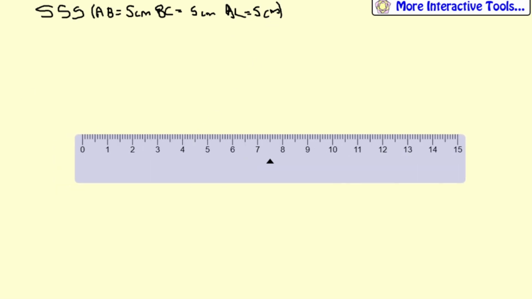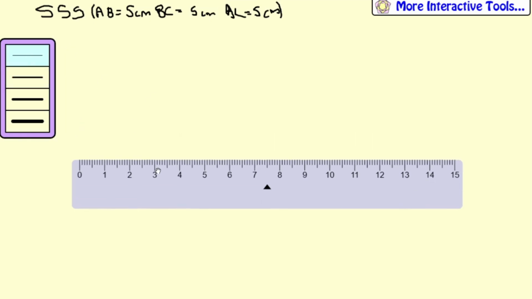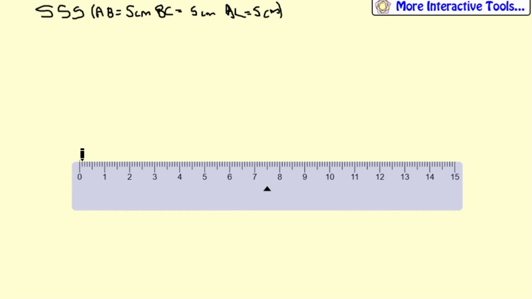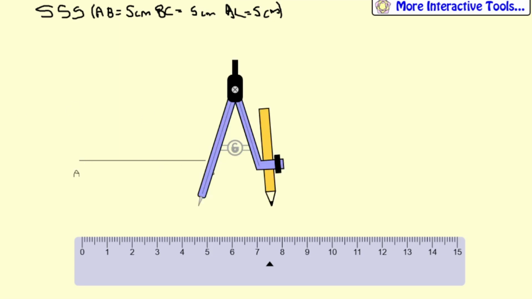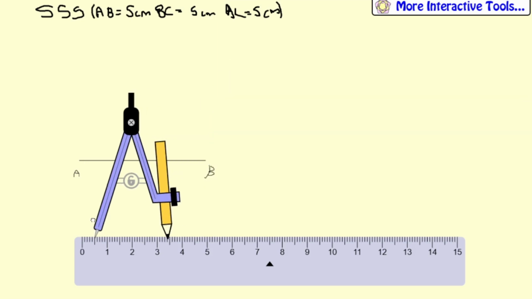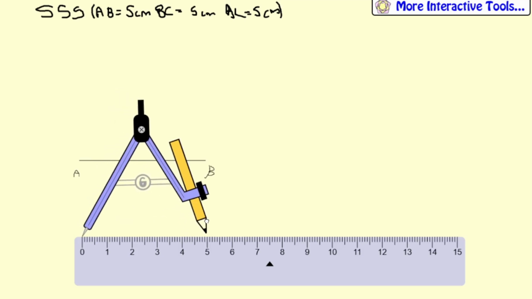Alright, so to construct that, we need to get our ruler and draw a 5 centimeter line. Use light lines first and we'll darken when we are finished. So AB, 5 centimeters. Now using our compass, there are two different ways we can do this. One, we can place the compass point at 0 on the ruler and open to 5 centimeters.